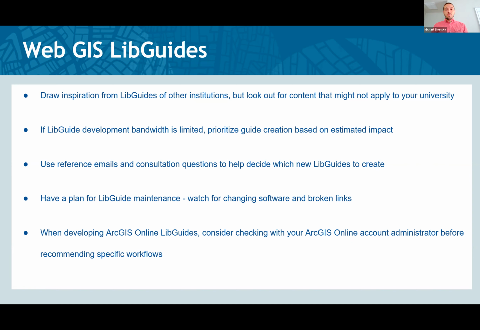We want to make sure that when we develop these guides they're well developed, that we're putting in the time and effort to make them easy to understand and find. And so it's important to prioritize guide creation based on what you think the estimated impact is going to be for your campus community.